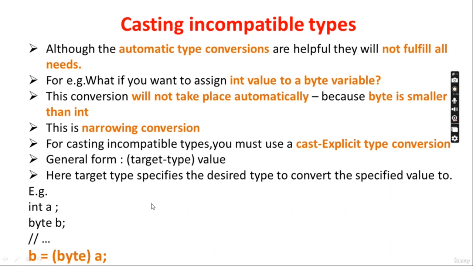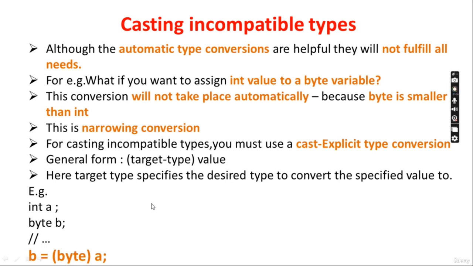Although the automatic type conversions are helpful, they will not fulfill all needs. Java programs are not so small that automatic conversion will fulfill all our needs. So for that purpose, we may require at some time to convert the data types explicitly.